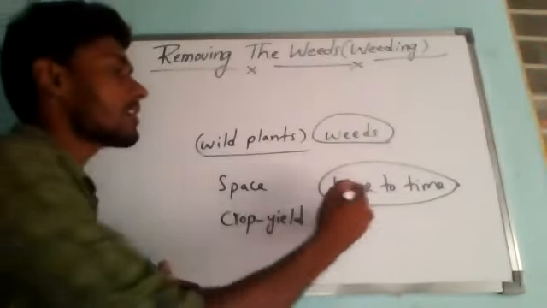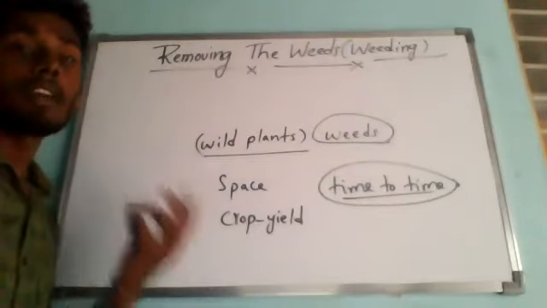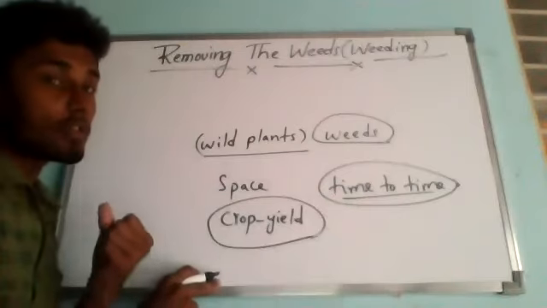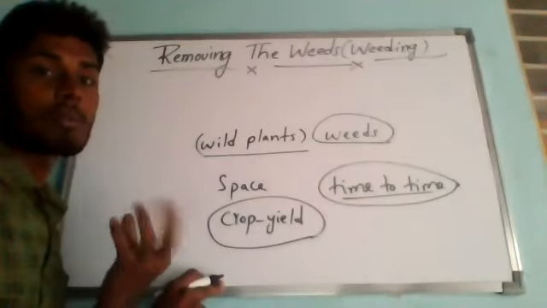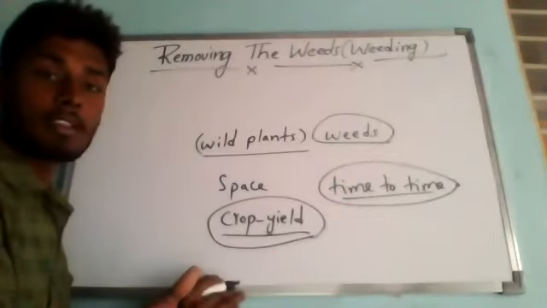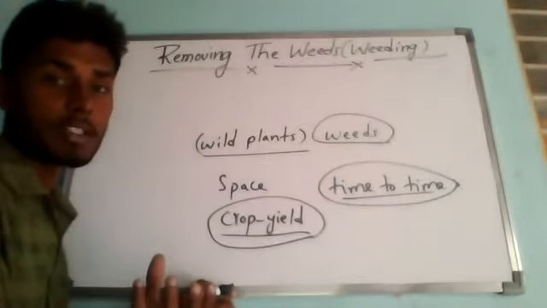So regularly, from time to time, we have to remove these weeds to grow our food grains very healthily and get a good yield. If you leave these weeds in our cultivating land without removing them, our crop yield will decrease, and our food grains will never get good quality.